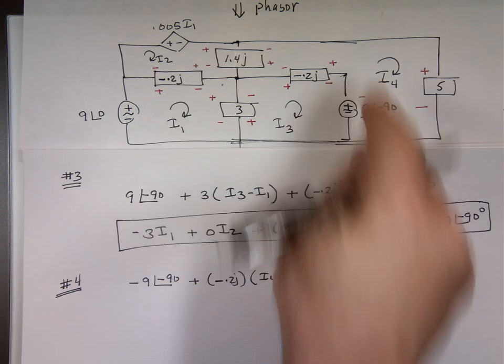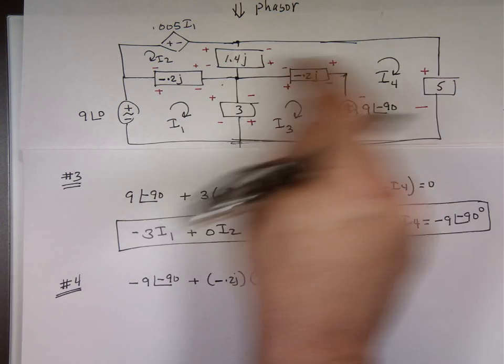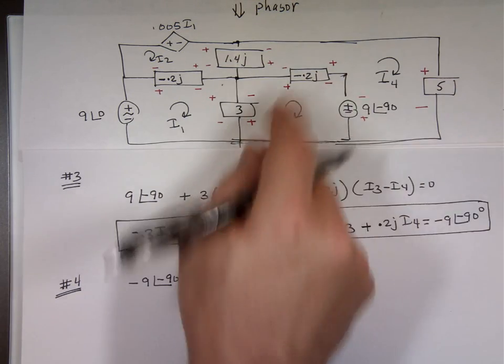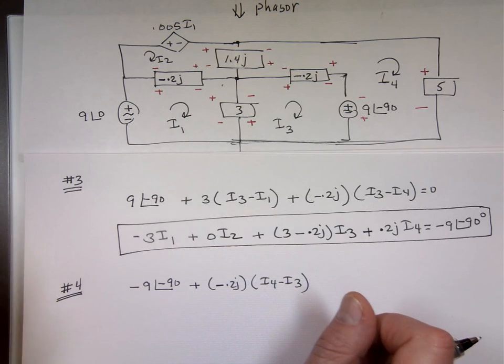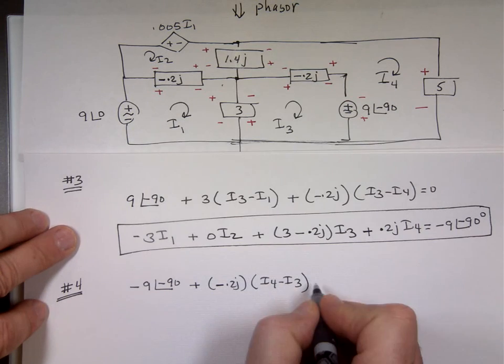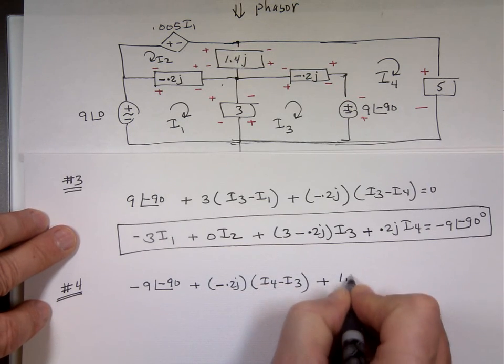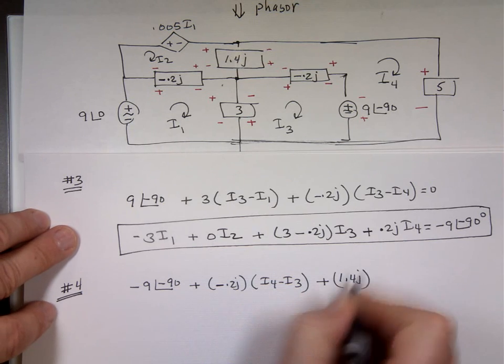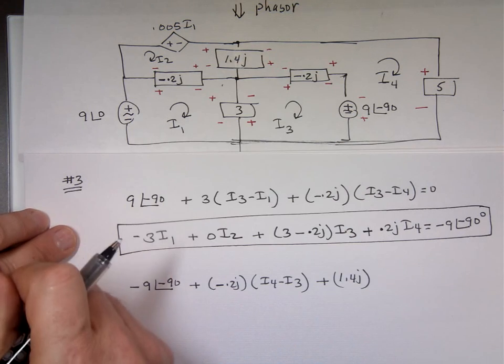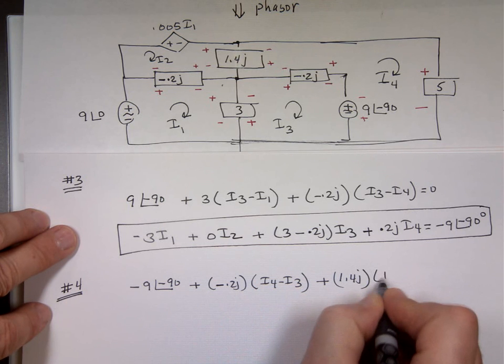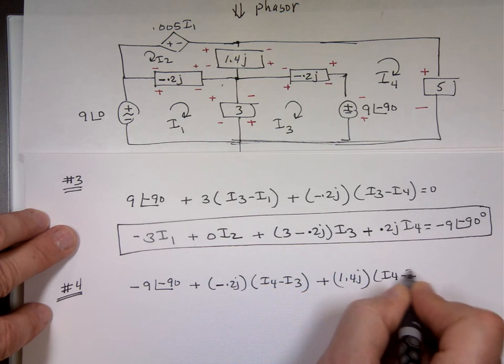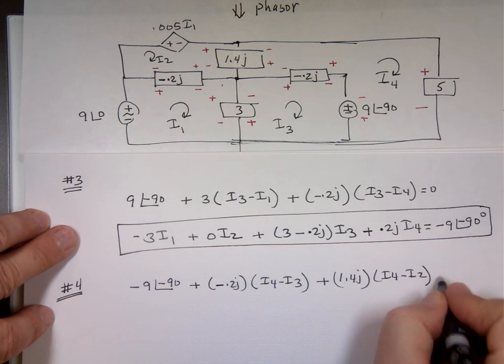I sub 4 is pushing this way, I sub 3 is going backward. Continue, now here we go, plus 1.4J. What is the current up there? I sub 4 minus I sub 2, good. Plus the last one, the 5 with the current down, what's 5? I sub 4.